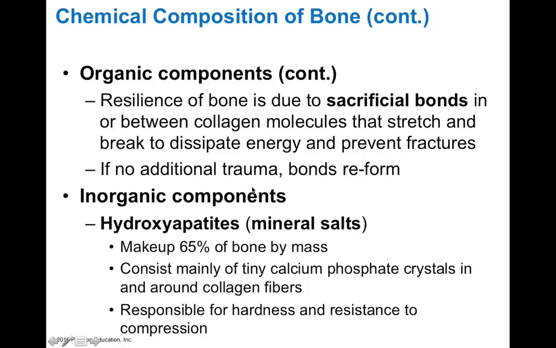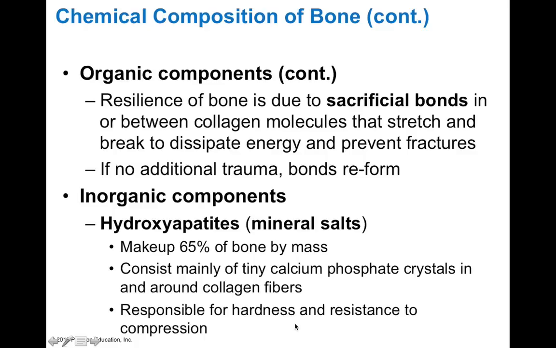Now, the inorganic components of bone are the hydroxyapatites. This makes up 65% of your bone by mass, and hydroxyapatites are basically mineral salts. They're mostly calcium phosphate crystals that surround collagen fibers, and they're attracted by those calcium-binding proteins we talked about in osteoid. And it turns out that hydroxyapatites are what are responsible for the hardness and resistance to compression that bone has.